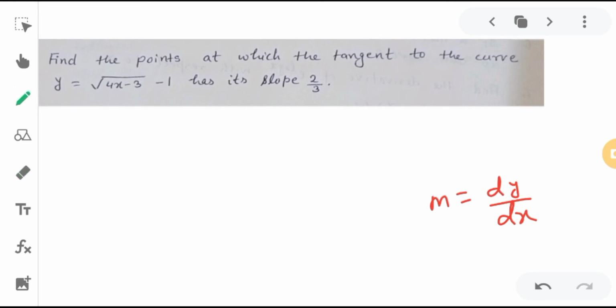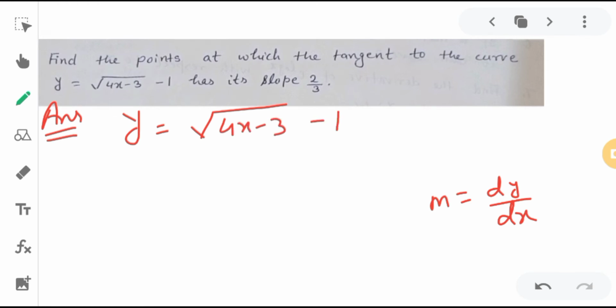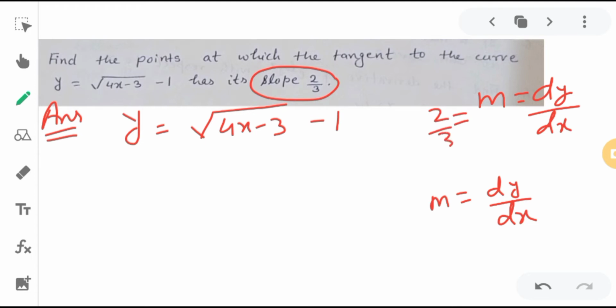In this question, the curve equation is given as square root of 4x minus 3, minus 1, and the slope is given as 2 upon 3. Slope means m, which means dy upon dx, and it is given as 2 upon 3, so we'll use that.